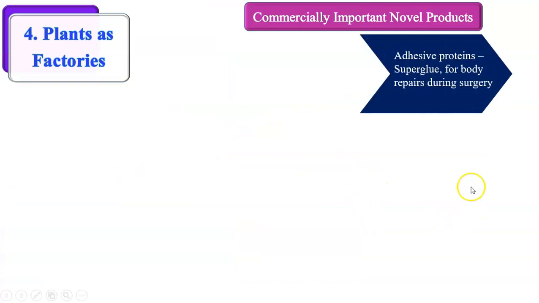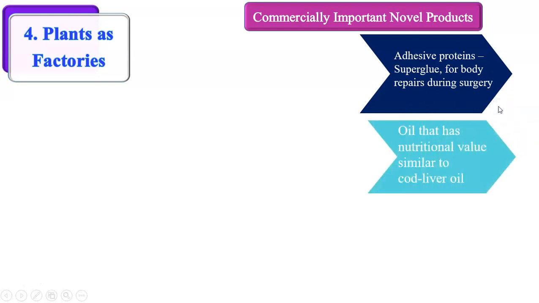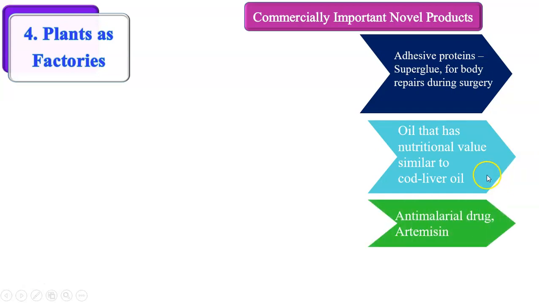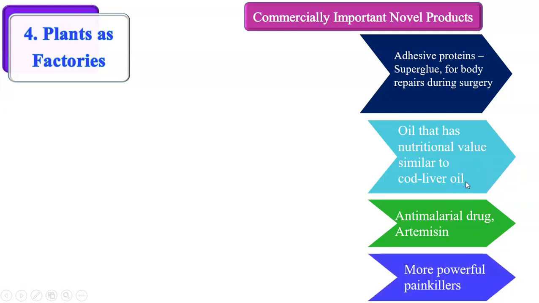Commercially important novel products used from transgenic plants are adhesive protein, super glue for body repairs during surgery, oil that has nutritional value similar to cod liver oil, anti-malarial drug artemisinin, and more powerful painkillers. Now, how these novel products are produced by recombinant DNA technology?